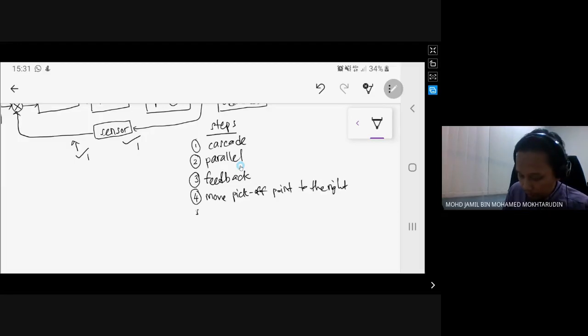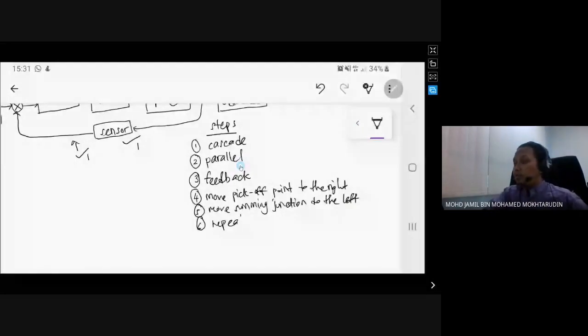And then the fifth step is move summing junction to the left. And then lastly, you repeat the process. Okay, so some of you move pick off point to the left and summing junction to the right.